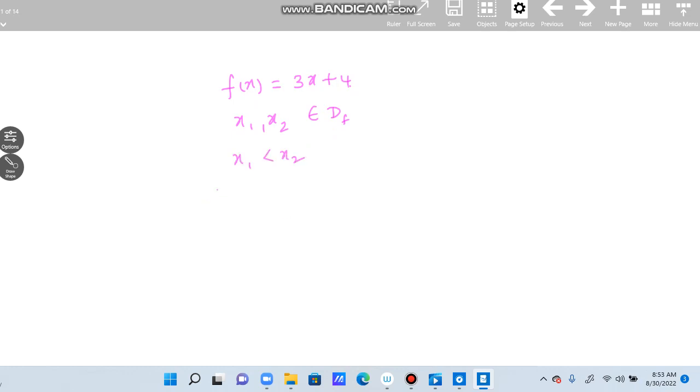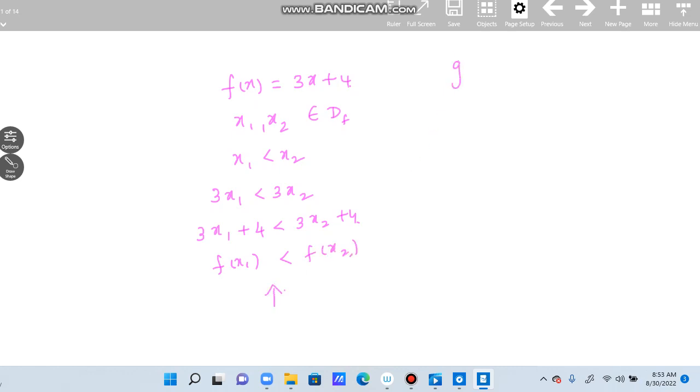I am going to multiply by 3 on either side. Will it not give me 3x1 less than 3x2? Now adding 4 on either side, I will have 3x1 plus 4 less than 3x2 plus 4, which means that f of x1 is less than f of x2. Therefore, this is an increasing function.